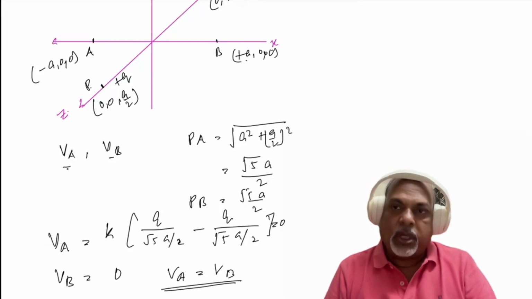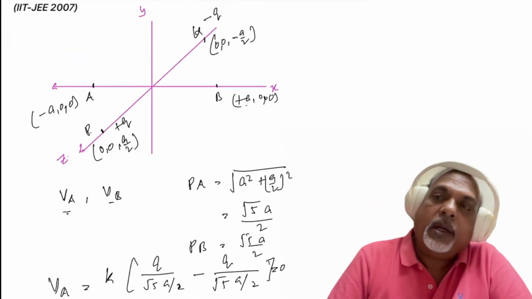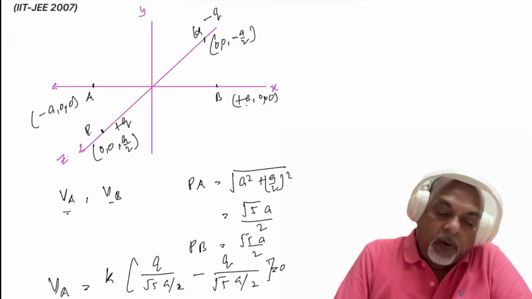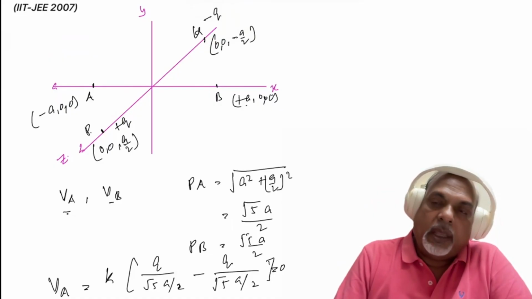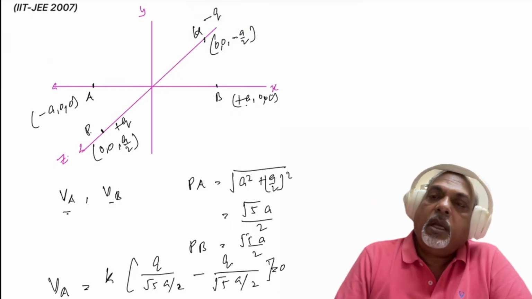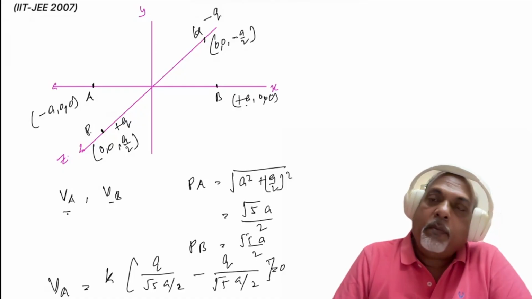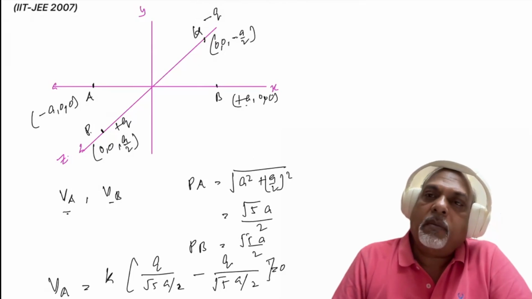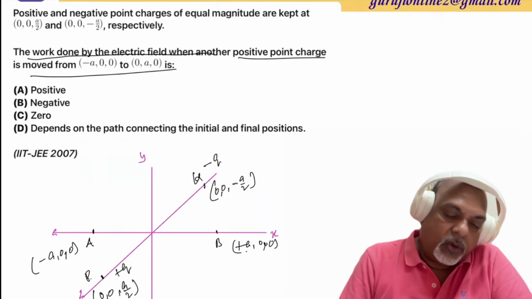Now, in this question, the charge at P is plus Q and the charge at Q is minus Q. Even if both the charges were either positive or negative, the potential at A and the potential at B would be the same, because these distances from A and B, like AP and AQ and PB and BQ, are all the same and the charges are also the same. So here your answer is basically 0.